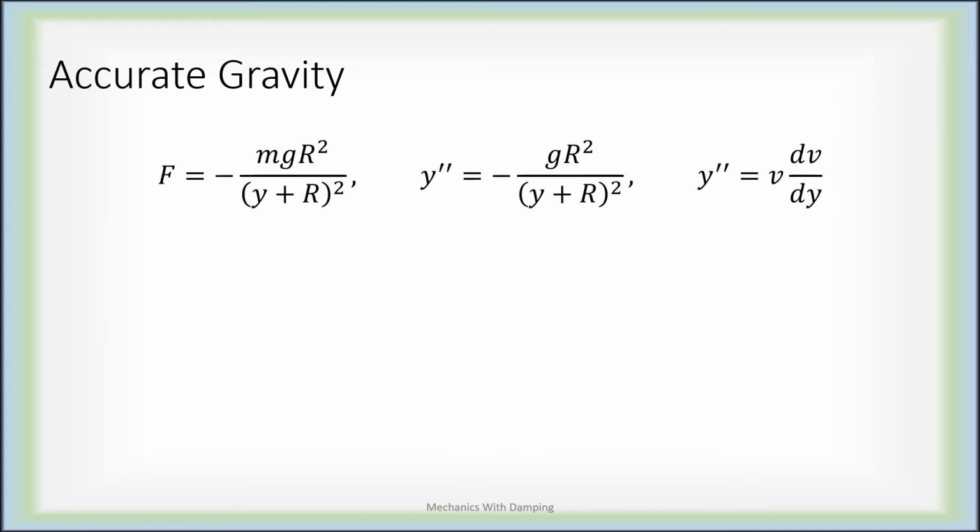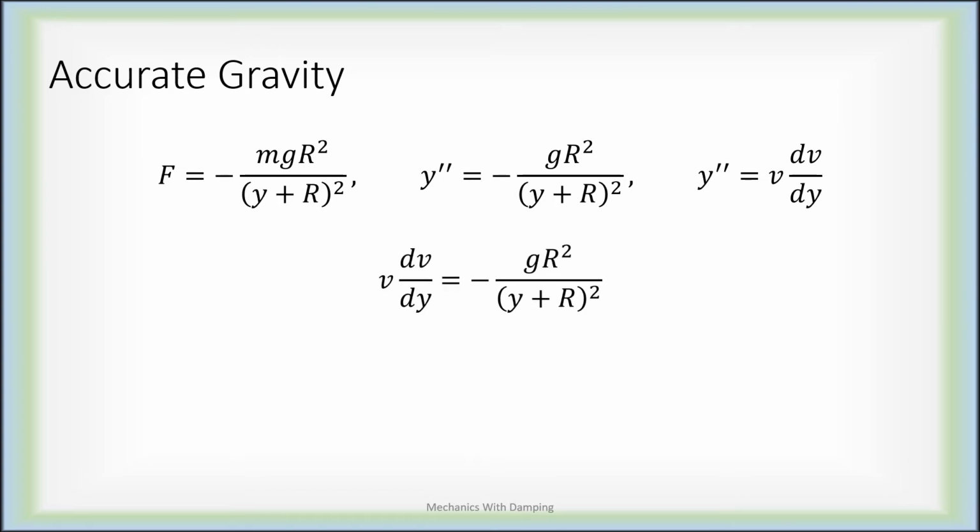So far, we have the force is given by negative mg r squared over (y plus r) squared. By plugging in that the force is mass times y double prime and canceling out the mass, we got this expression for y double prime, and we've determined that y double prime can be written as the velocity times this odd-looking derivative dv/dy.